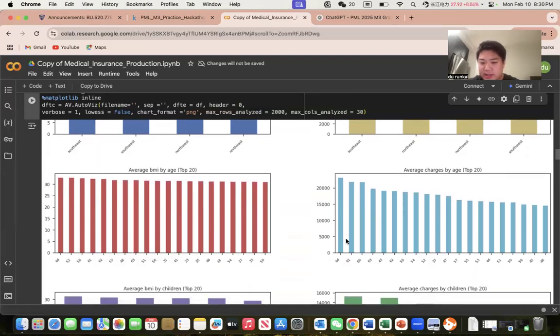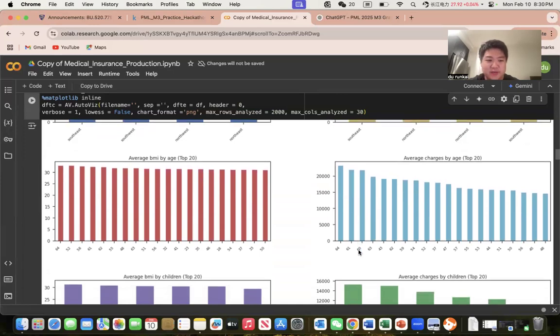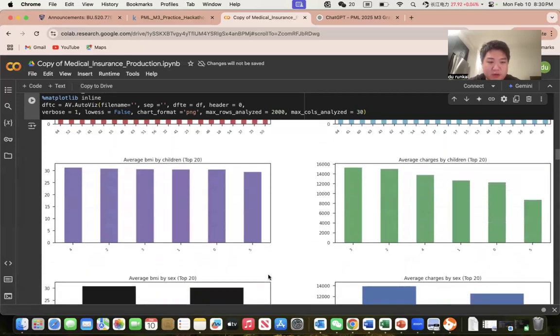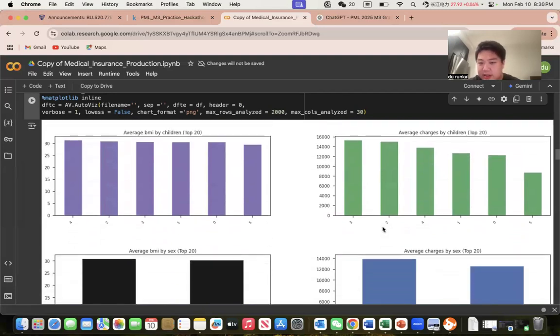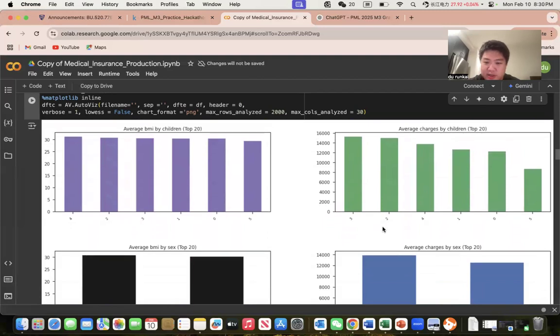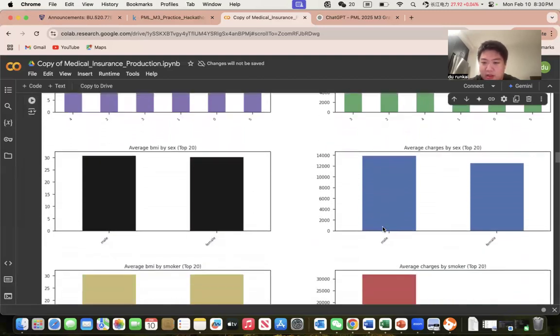Charges by age: older people have higher charges, and older people always have higher BMI if the age is over 50. Charges by children: the children will not change anything, same as the charges. Charges by sex: sex will not change anything.